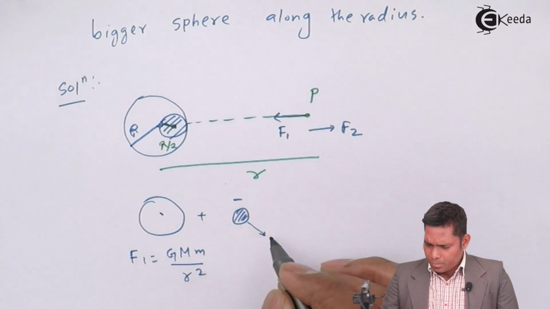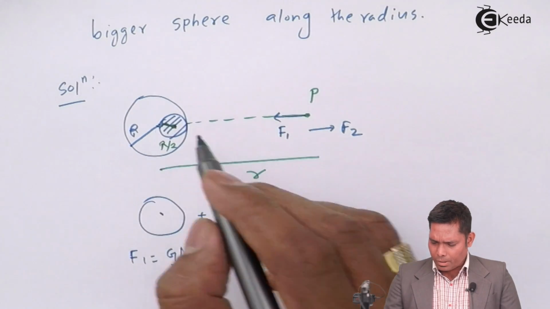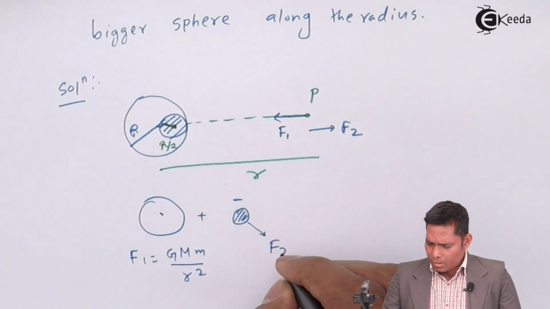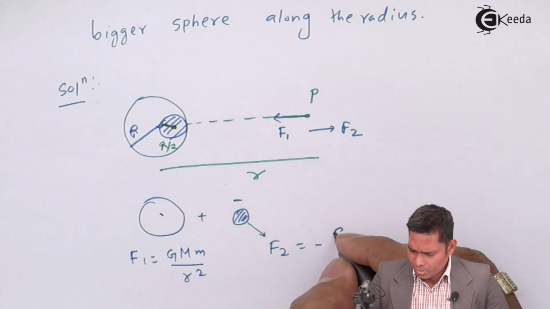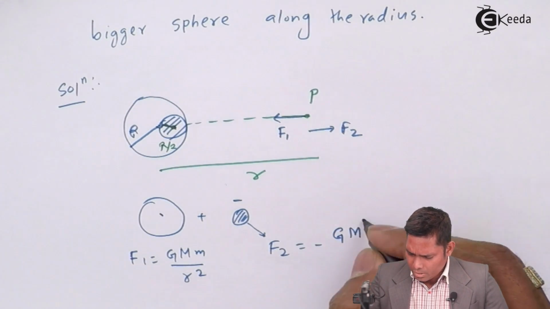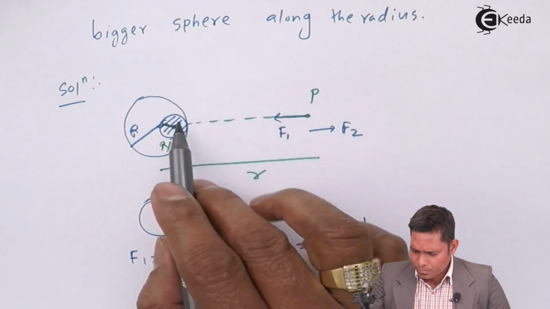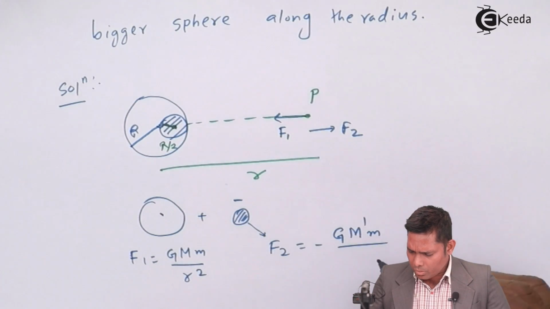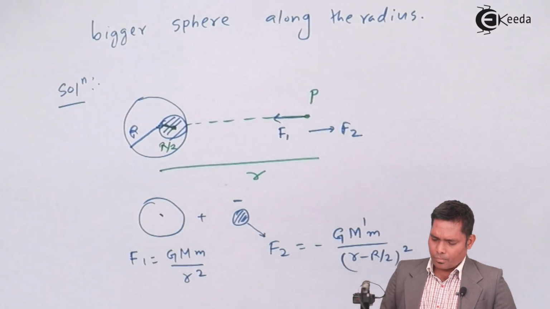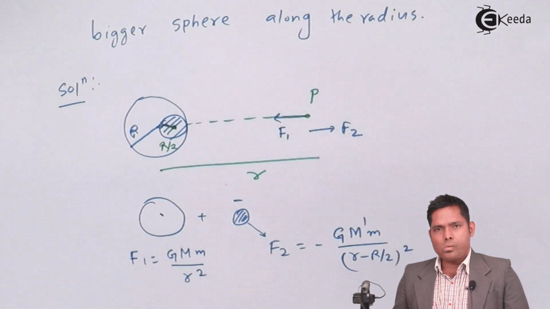Because of the smaller mass sphere, the force will be minus, since I have taken negative mass, G M dash m over the distance, r minus r by 2, the whole square.